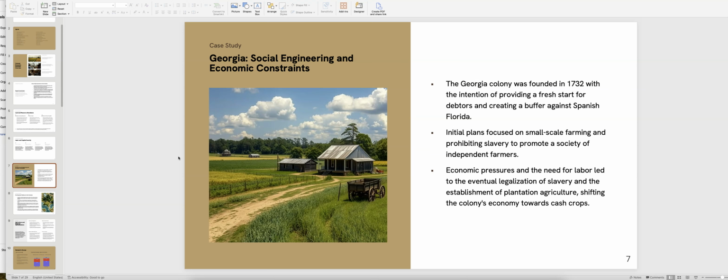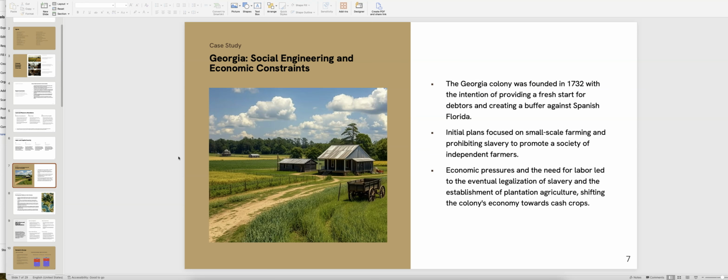And so the reason why this is called Georgia social engineering and economic constraints is that, on the one hand, in the social engineering, it's the Anglicans and Church of England people that are calling for Georgia as a way to live out the ideals of the Anglican Church, which would be discouraging people from going too far into debt and committing that sin, but if they do commit that sin, giving them a path to redemption.